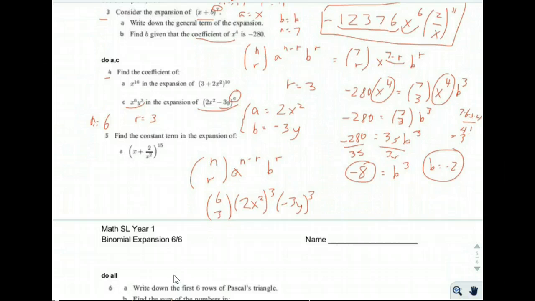Okay, and let's see if this works out. So this would be 8x to the 6th. Negative 3 cubed would be negative 27y cubed.